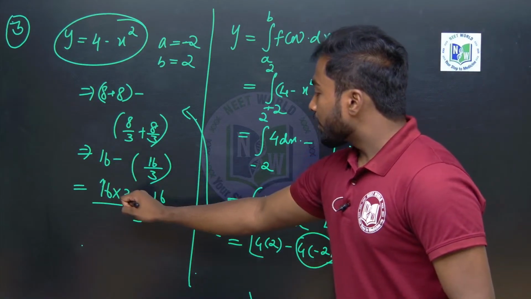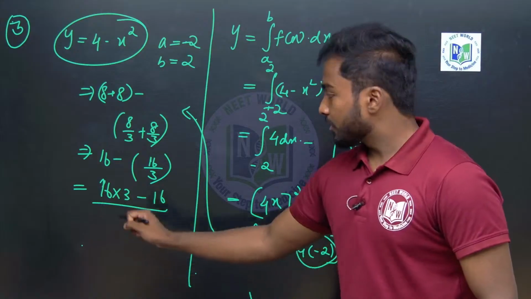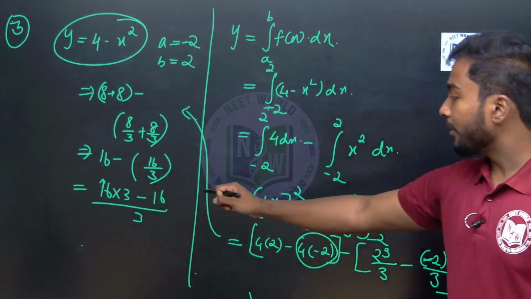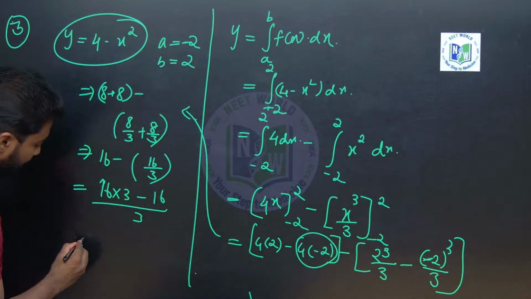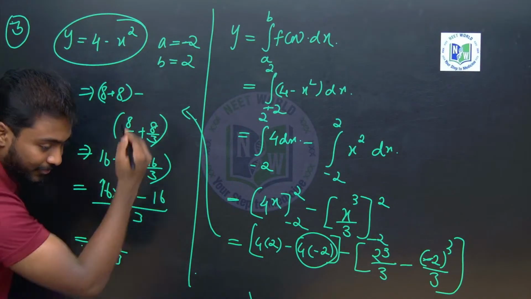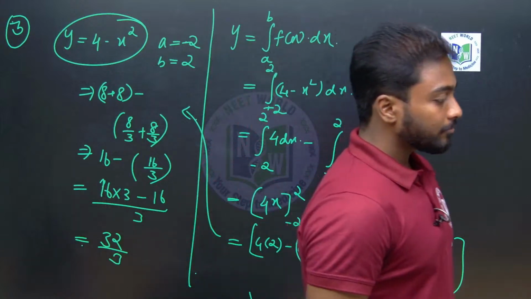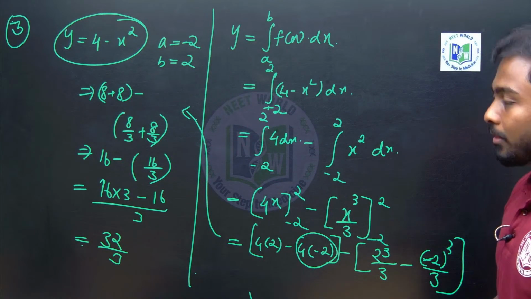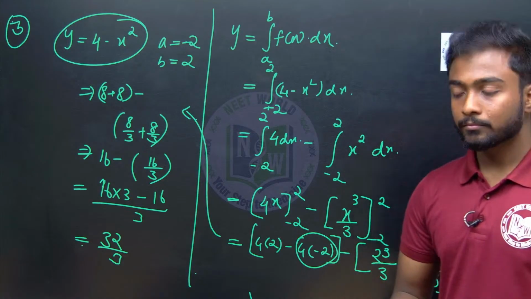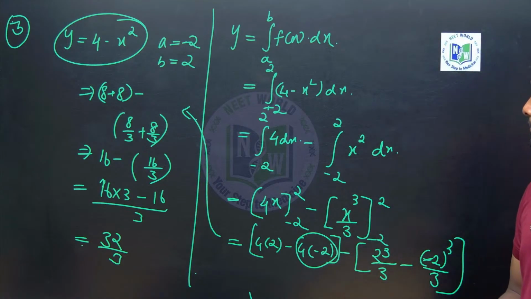So 16 into 3 minus 16 by 3. 16 3s are 48. 48 minus 16 is 32. 32 by 3. So this is the answer for the third question.